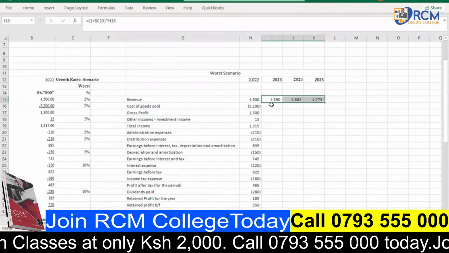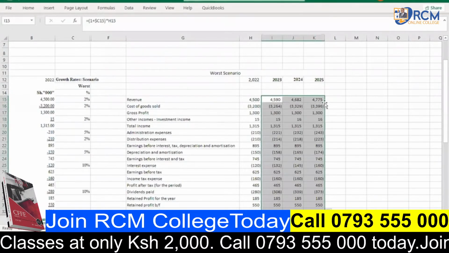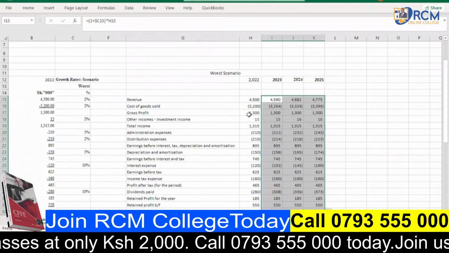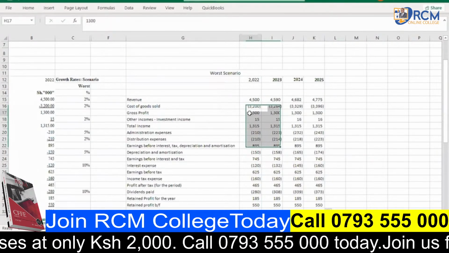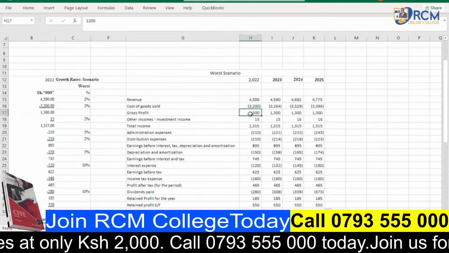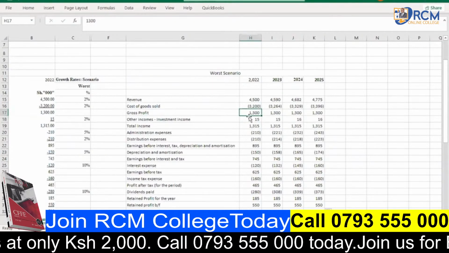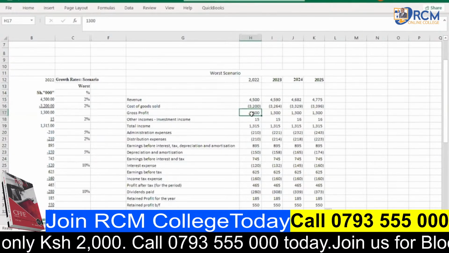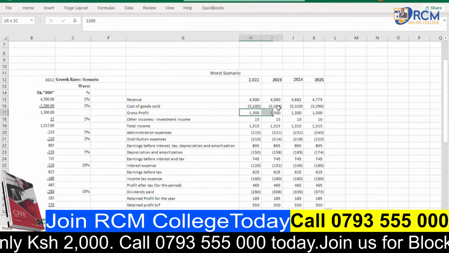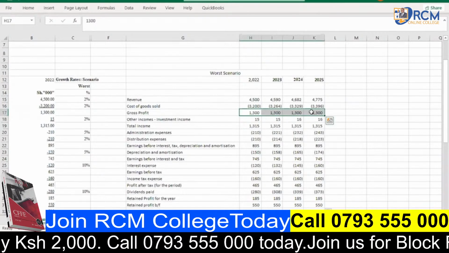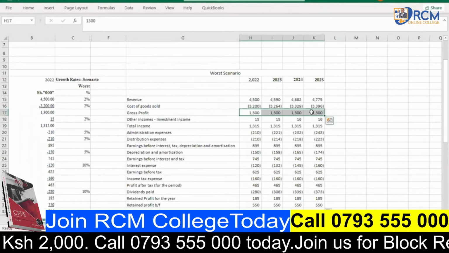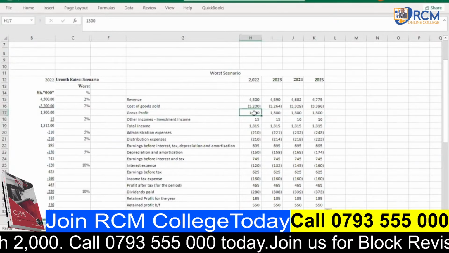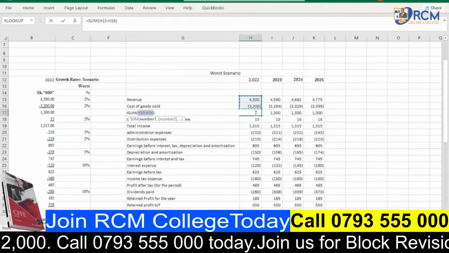Okay. So once you do that, autofill, but there are some instructions given to us. Of course, gross profit is the difference between these two. So it is not being maintained. Just highlight because we have a negative. So we just get the formula. Alt equals to get that.